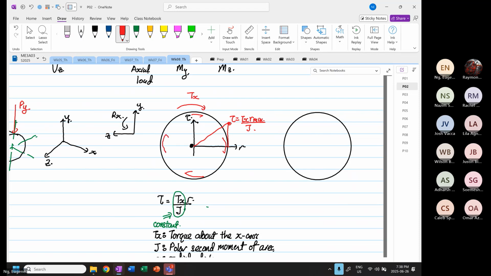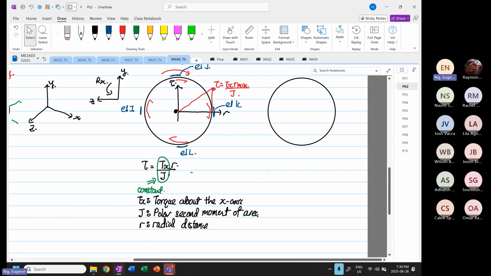Okay. Now, if we were going to place 4 elements, okay, I'll change the color. So we have element I, we have element J, element K, element L. Okay.